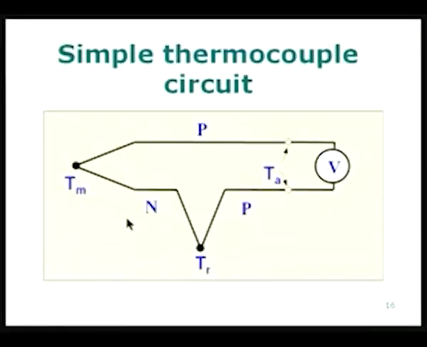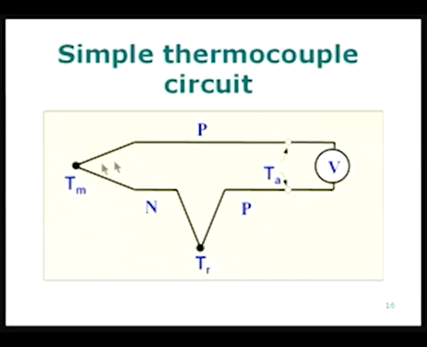So, let me just go through the simplest form of thermocouple circuit, which is shown here. I have the positive wire, which I call P, I have got the negative wire, and I have got the measuring junction. I have made a bead here, and the negative material is now brought here, and there is a bead with a positive material.